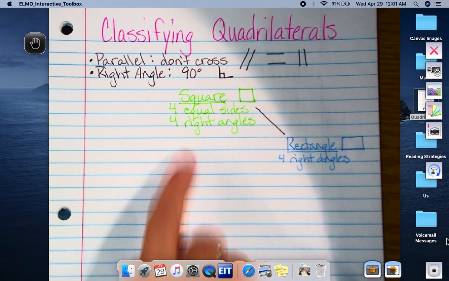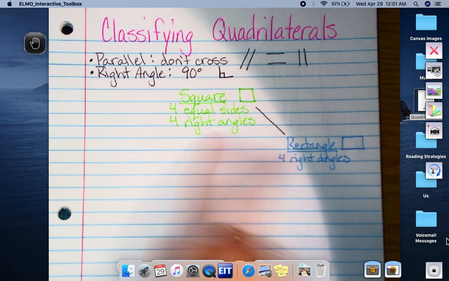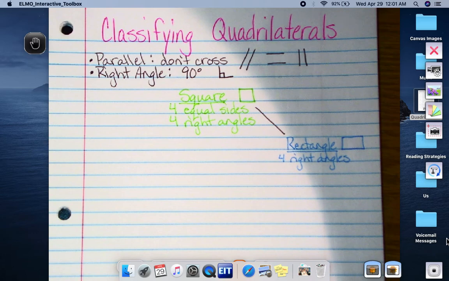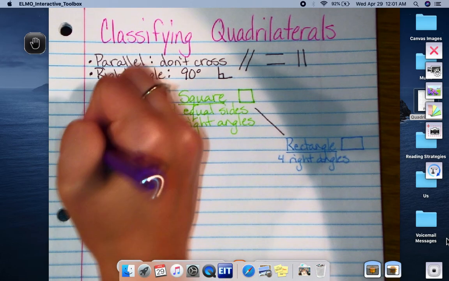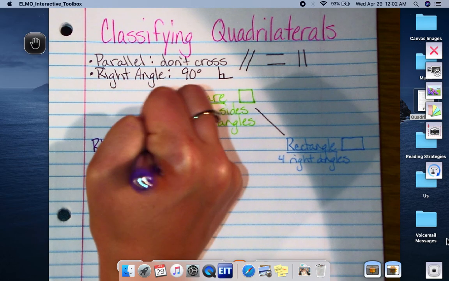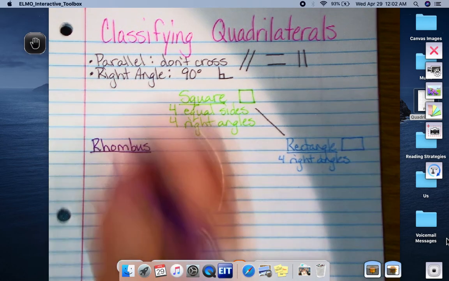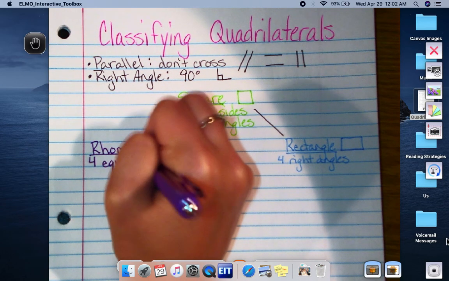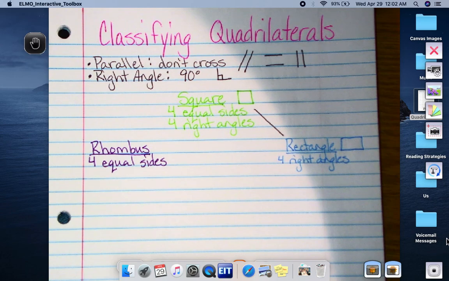Now, squares, like I said, have 4 right angles, so they're similar to a rectangle. Squares also have 4 equal sides. Those 4 equal sides make them an example of a rhombus. A rhombus has 4 equal sides.